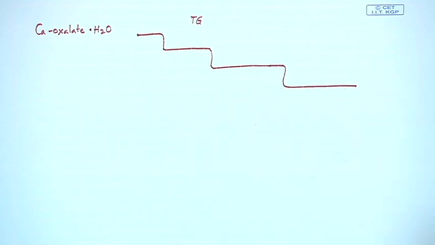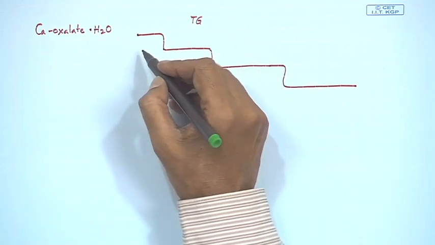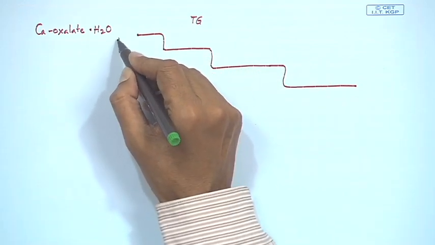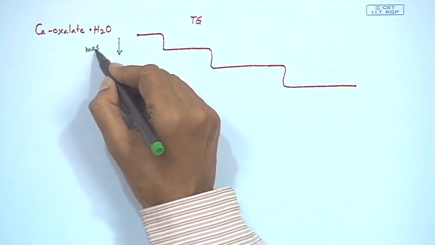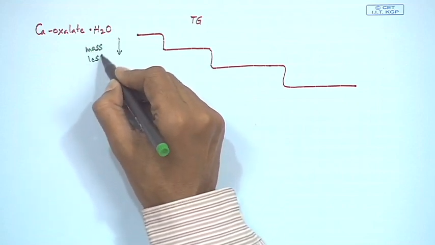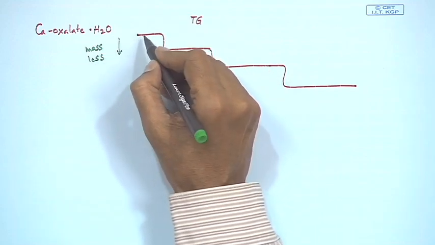So, instead of labeling all these in terms of the corresponding axis, because this is your corresponding mass loss, we just simply label the temperature.